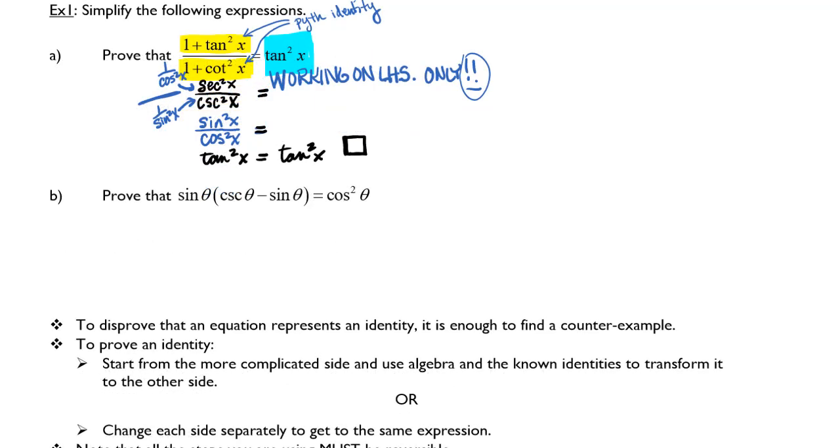Next, we need to prove that sine theta times the quantity cosecant theta minus sine theta is equal to cosine squared theta. Since the left-hand side looks more complicated than the right-hand side, I am going to be working on the left-hand side only.